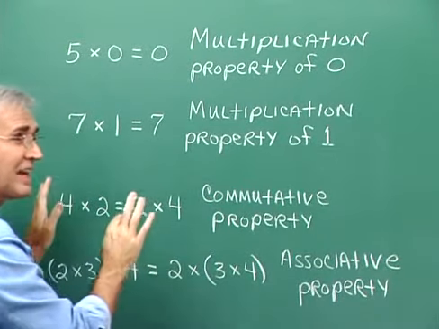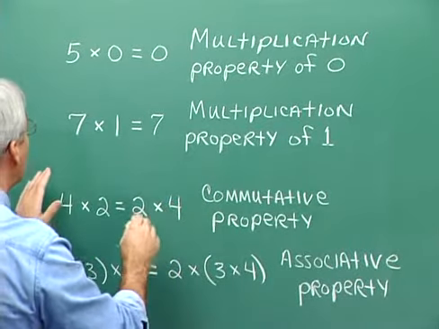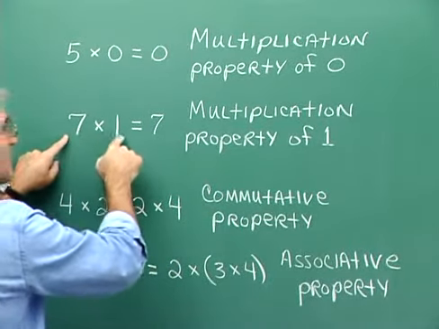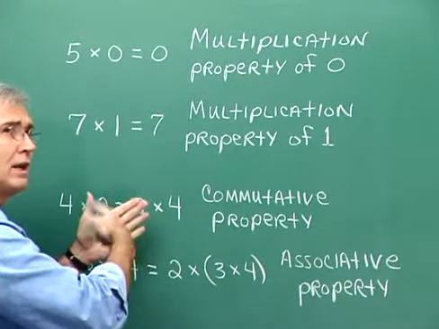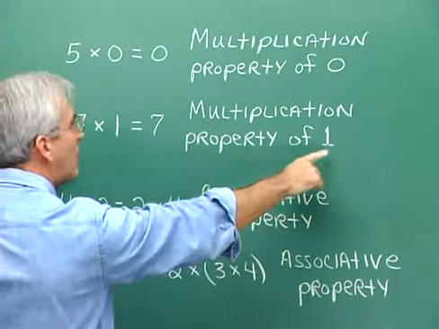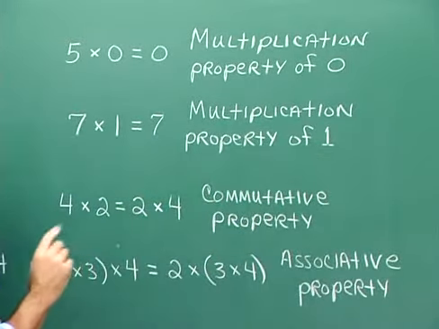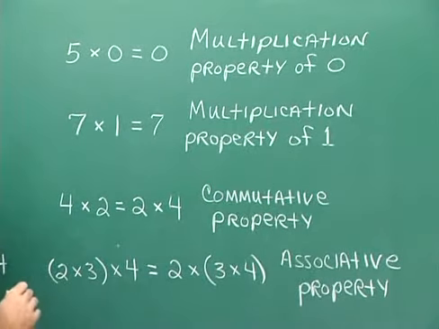We can verify that again, thinking of it as repeated addition. You see, we have 7 times 1, and gee, 1 is an addend 7 times. So 1 and 1 and 1 and 1. You see, it's 7. At any rate, the multiplication property of 1. This also could be called the identity element of multiplication, couldn't it?